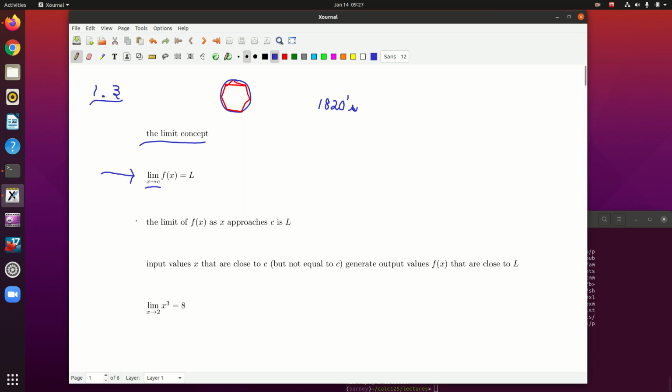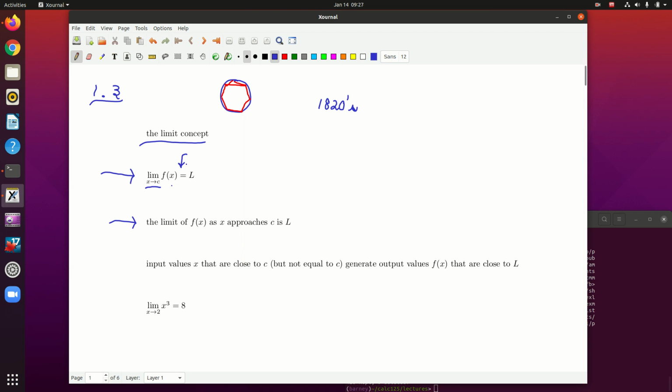So here's some words for it. Again, mathematicians like to use symbols to shorten things, but that can create problems. You definitely have to know what the symbols are. So the limit of f of x as x approaches c, that's what the arrow is going to be, is L. And this really is an equals sign here. I'll say more about that in a moment.